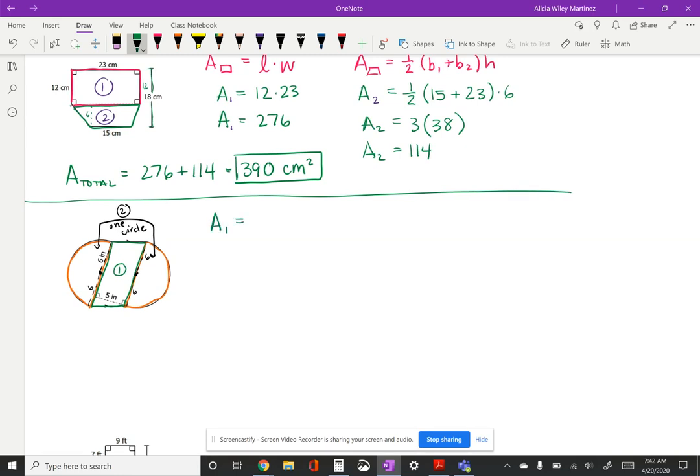Okay, so the way that we're going to find the area of region 1, the parallelogram, it's just base, which is 12, times the height, which they gave us here, is 5. So the area of the parallelogram region 1 is just 60. And then the area of region 2, which is our circle, is represented by pi r squared. R is 6, so it's pi times 6 squared, which is 36 times pi.